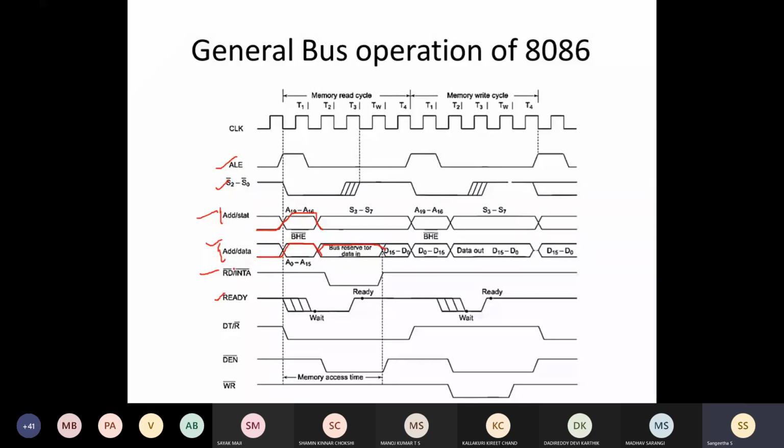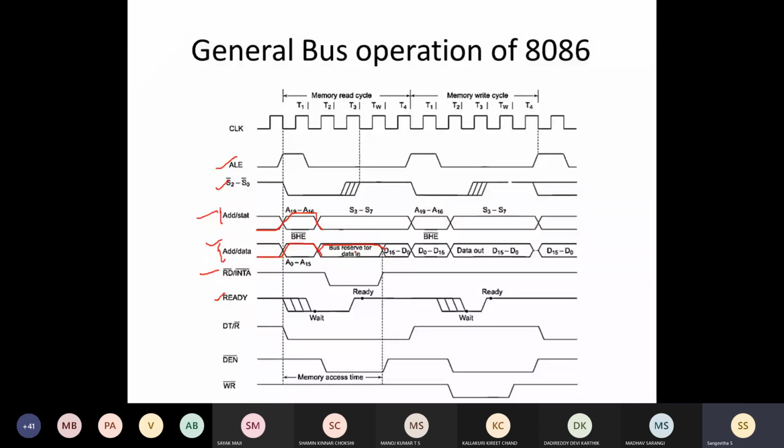Okay, so after that, this READY is over, and this one, RD bar slash INTA, interrupt acknowledgement. So this one depends on the cycle. Say if my read operation cycle is there, this RD bar indicates your read is low. Which means when the signal is low, it indicates a read operation. So when you are getting your data in your address and data bus, you will start receiving your data, and then after data transfer occurs, it starts reading.